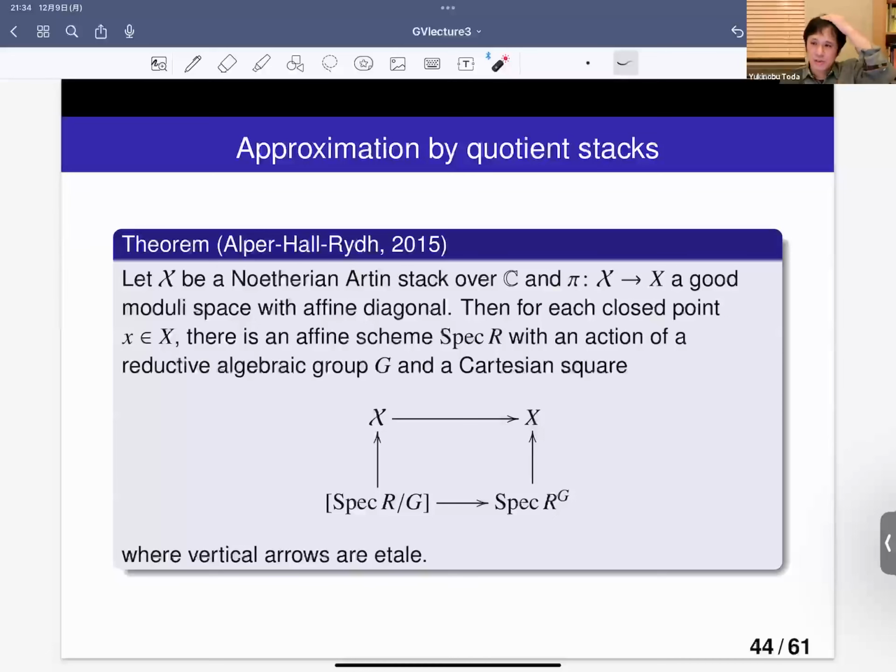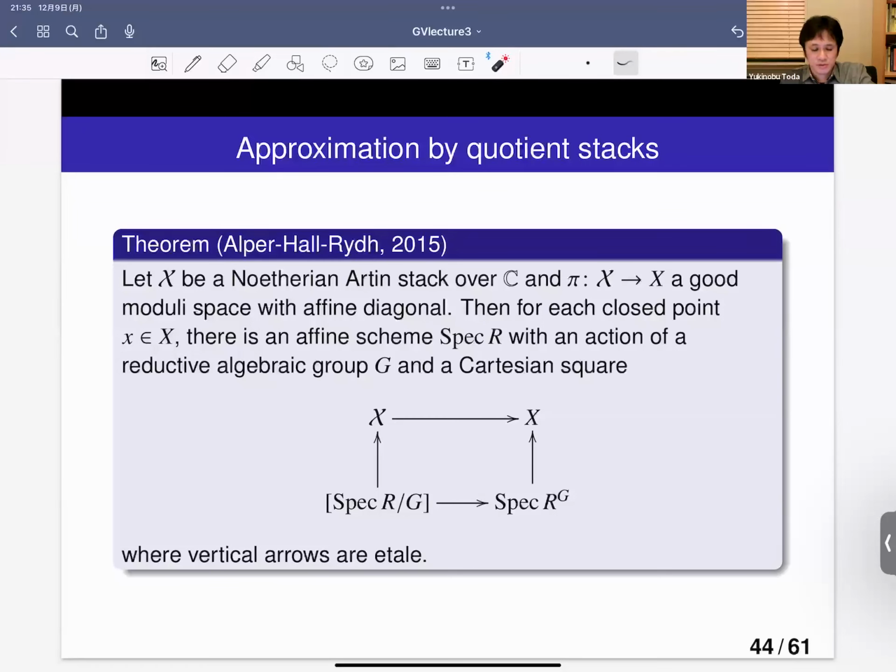So in general, an arbitrary stack does not admit a good moduli space. But if it admits a good moduli space, it gives quite strong local information about this moduli stack. This is the approximation by quotient stacks, a kind of Luna étale slice theorem for algebraic stacks.